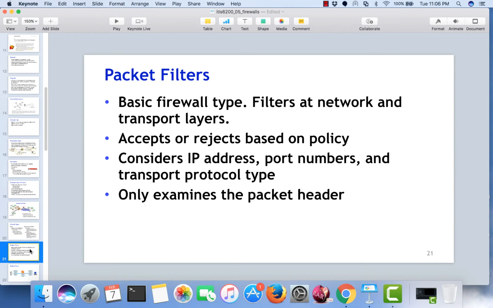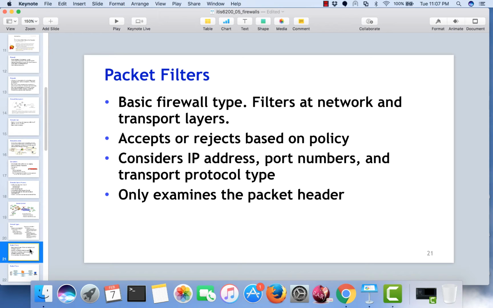So let's talk about the first one here, a packet filter. This type of firewall is very basic. It's at the network layer and the transport layer. Everyone should be familiar with the OSI model, it should have been in the reference video. If not, you can look up the OSI model. At this point, everyone should be familiar with how communications traverse that particular model.